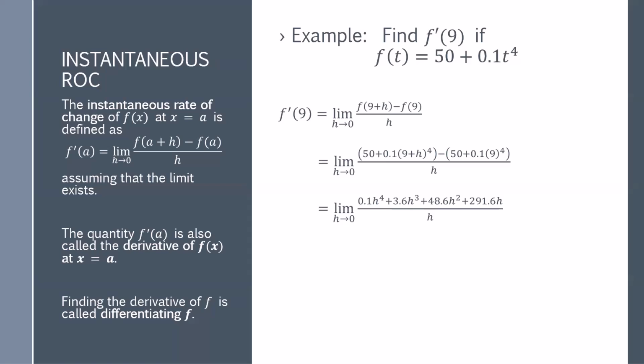Expanding out the brackets and combining like terms, we get the limit as h approaches 0 of 0.1h to the 4 plus 3.6h cubed plus 48.6h squared plus 291.6h, all divided by h.